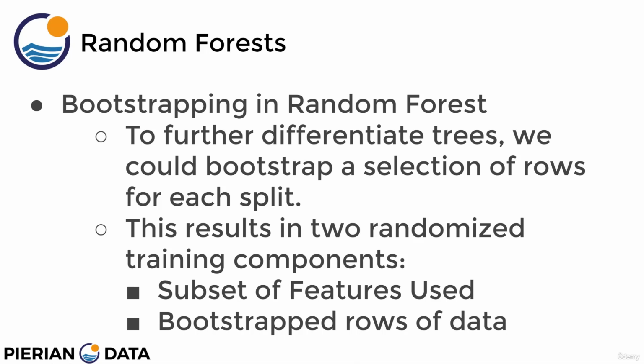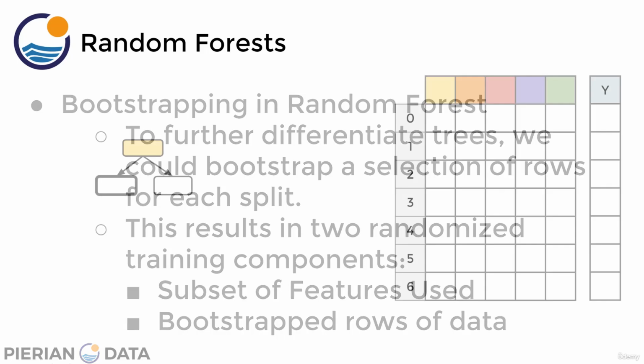So again, to make it clear, previously we just showed you that on each decision tree, when we're creating a split, we grab a random subset of features. What we're going to do now, though, is bootstrap rows of data along with that subset of features. So each time you're doing a split, not only do you only see a subset of features, but you also see only a subset of the data rows.